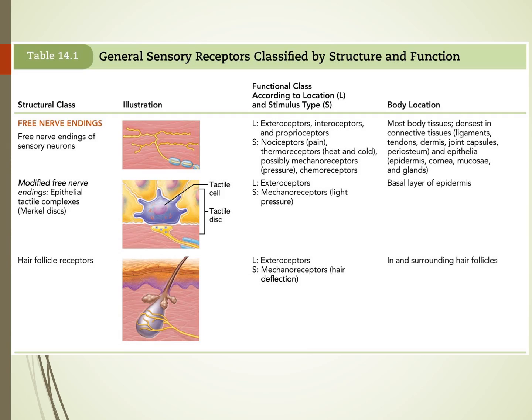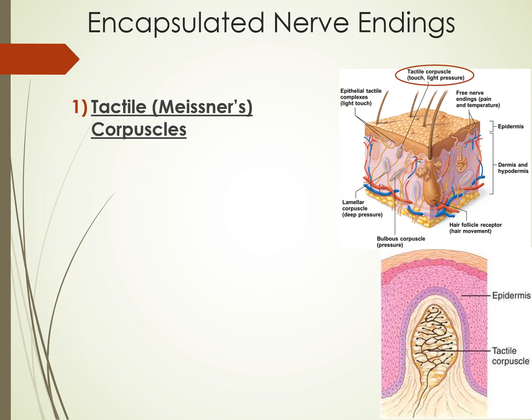And then we just talked about our two modified free nerve endings, the Merkel disc as well as the hair follicle receptor. They're very specific in terms of where they live and what they pick up on, versus the free nerve endings, which are a more broad category of what they pick up on, and they're found all over the body, right?